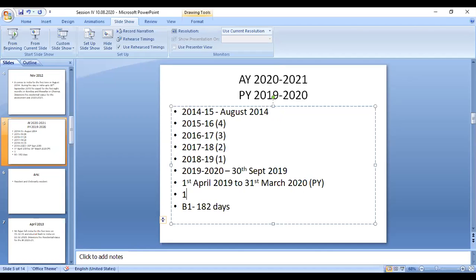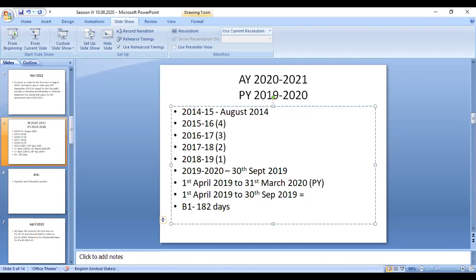That means 1st April 2019 to 13th September 2019. These two dates fall in the previous year only. So with these dates, how many days was he in India? You have to calculate.